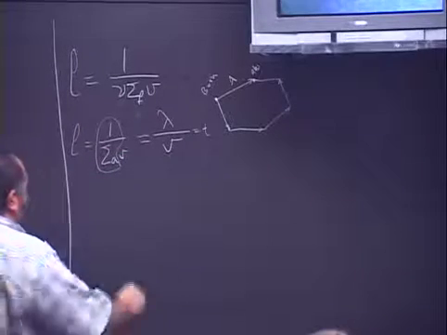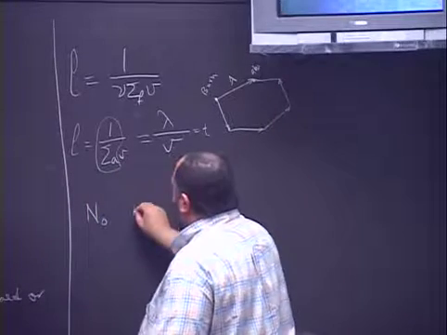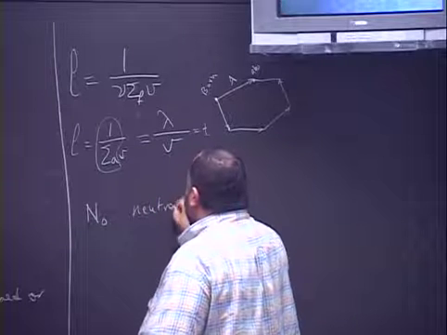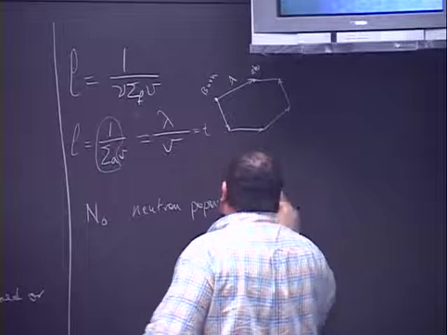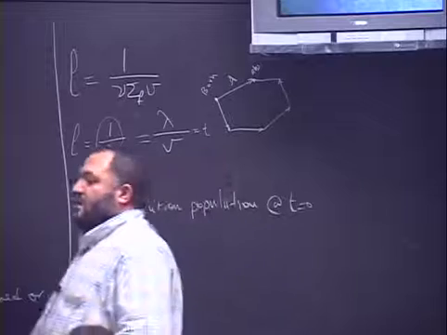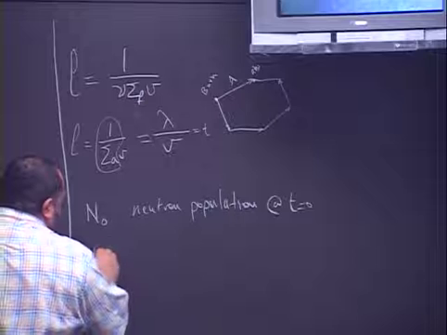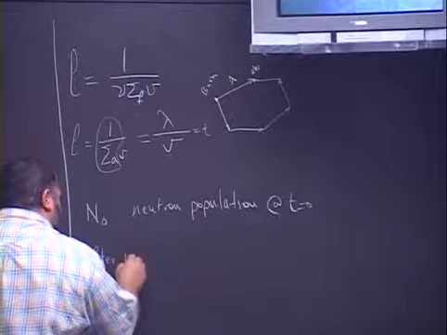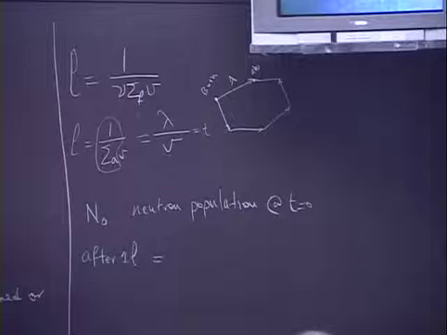So if we started with an initial number in the reactor core, this is the neutron population at time t equal to 0, N naught. After one lifetime, after 1 L, what do you expect N to be? This is a multiplying system, a reactor multiplying system.